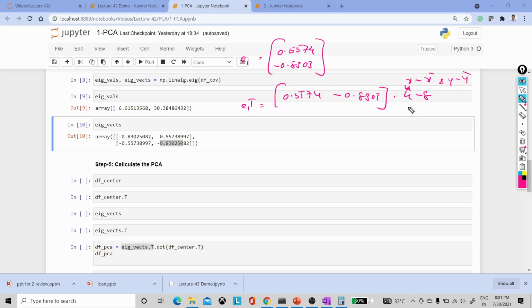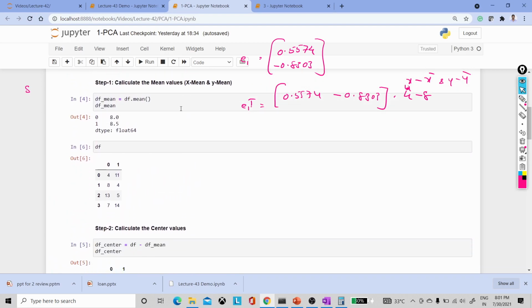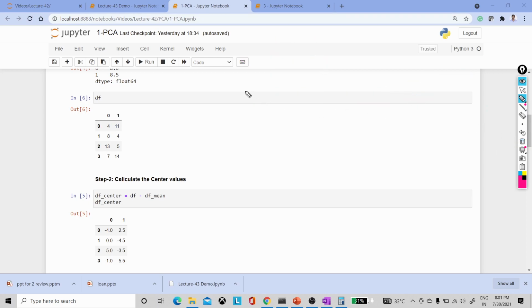So initially for observation 1, this is our observation, the 4. Don't be confused, I will explain again.